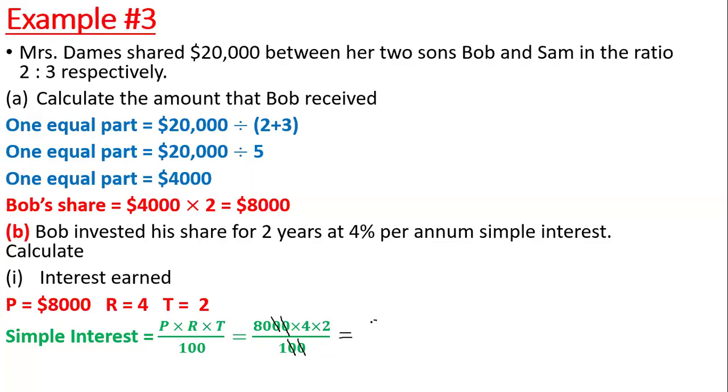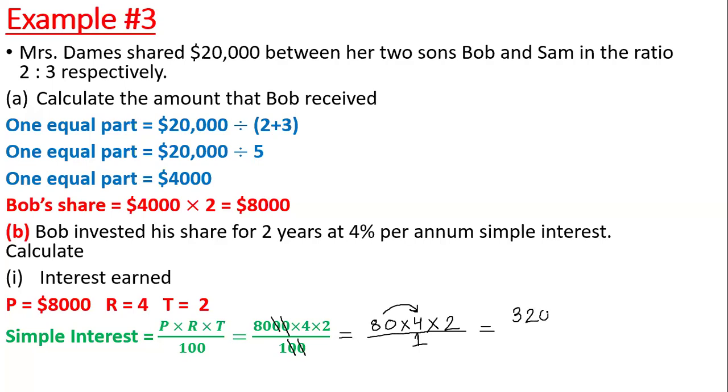80 multiplied by 4, multiplied by 2, all over 1. Very good. What is 80 times 4? 320. That's correct.